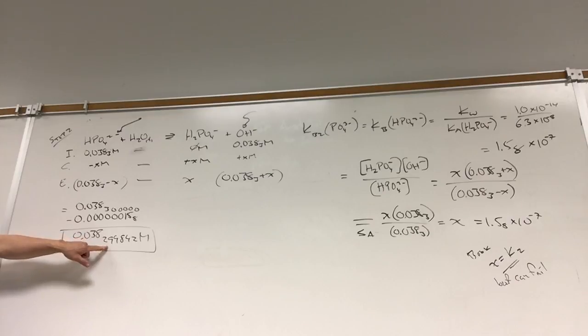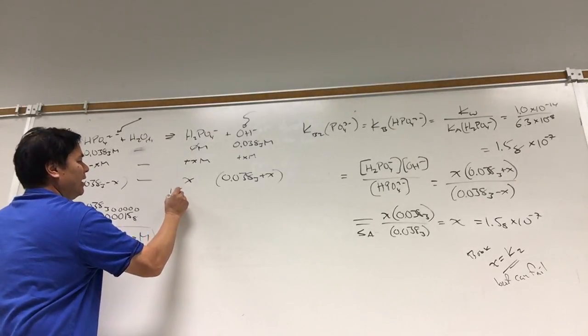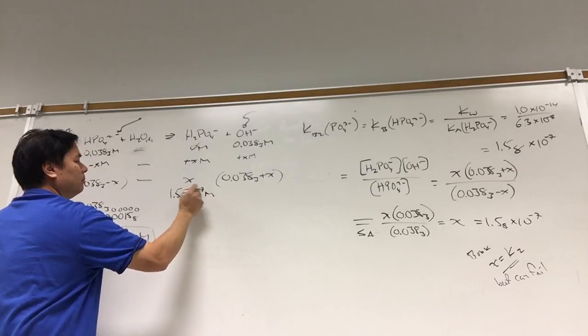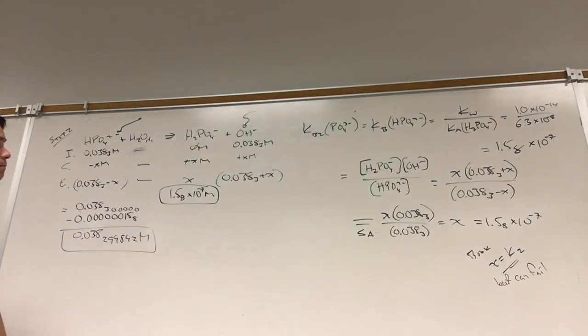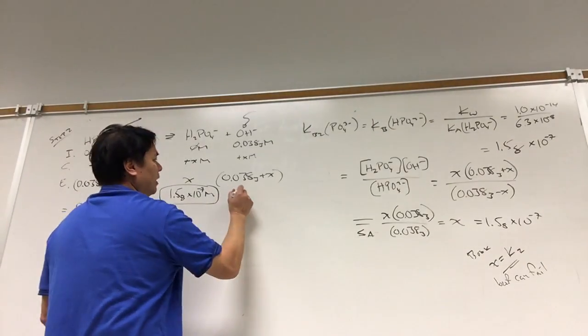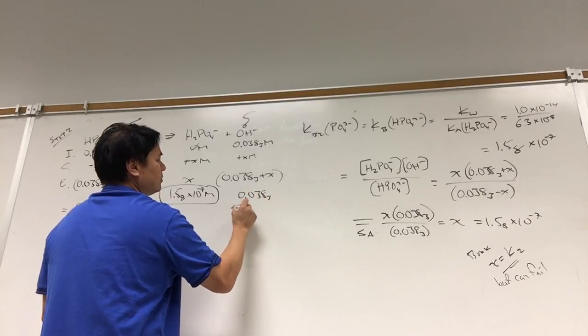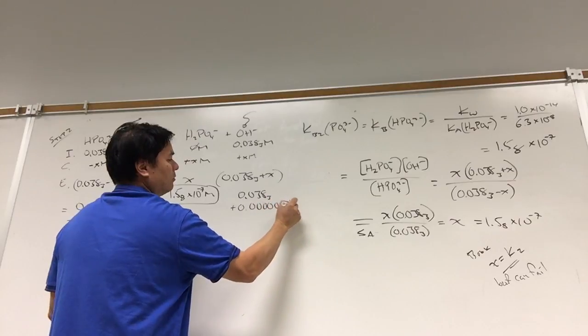Did we lose much? We barely lost anything. Over here, the x is 1.58 times 10 to the minus 7 for the dihydrogen phosphate. For the hydroxide, we have 0.0383 plus x, so plus 1, 2, 3, 4, 5, 6, 1, 5, 8.